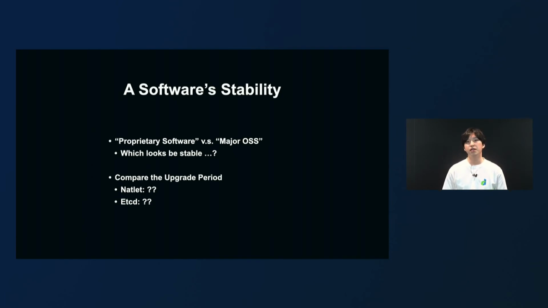Less matured software obviously requires frequent upgrades. Take NATlet and etcd as an example. Right after a release, which one needs to be restarted more frequently? The answer is obvious. NATlet needs more restarts.